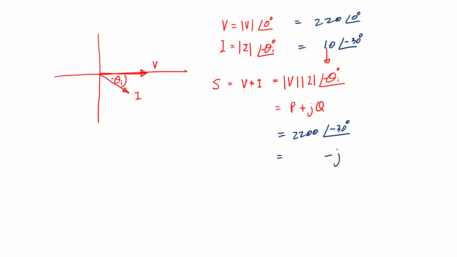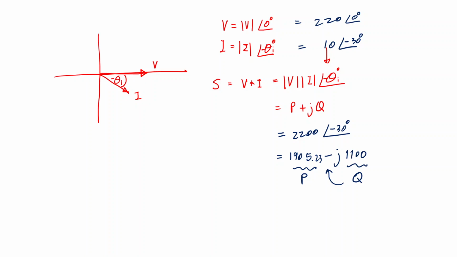This is 1905.23, and this is minus 1100. This is P and this is Q. Q is a negative value.